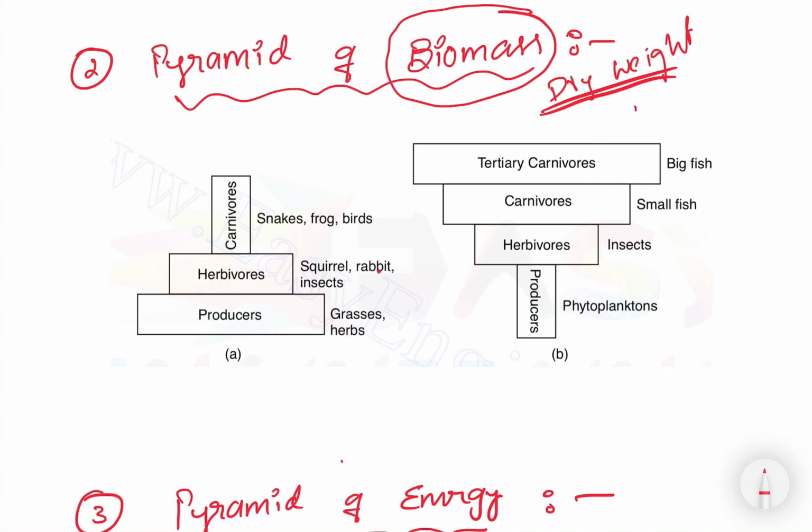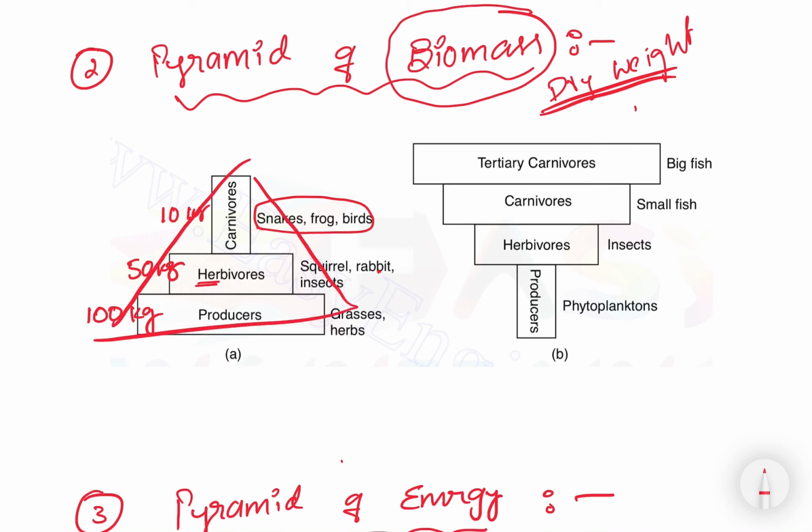Let us put it in kilograms so that we could understand very easily. Say for example, grasses may weigh altogether 100 kilos, followed by herbivores at 50 kgs, because the number of herbivores is comparatively less. Similarly, all the top carnivores together may weigh 10 kilos, making the pyramid upright in shape.